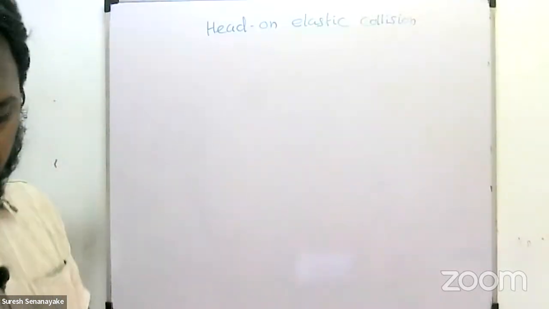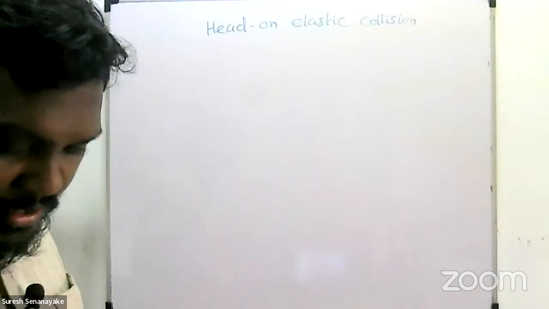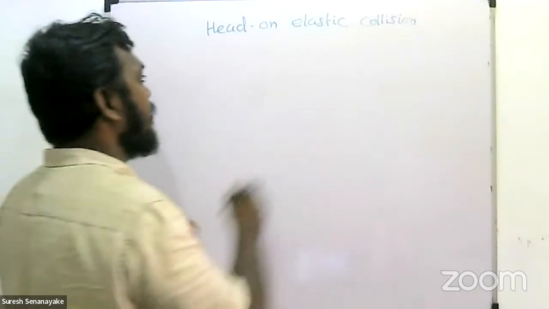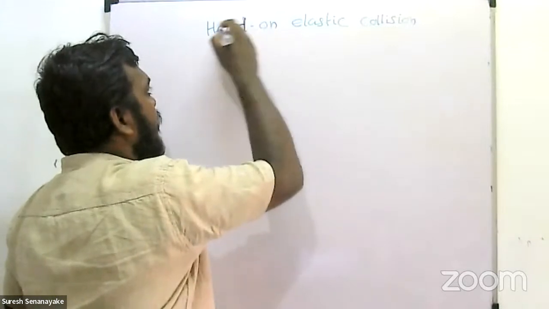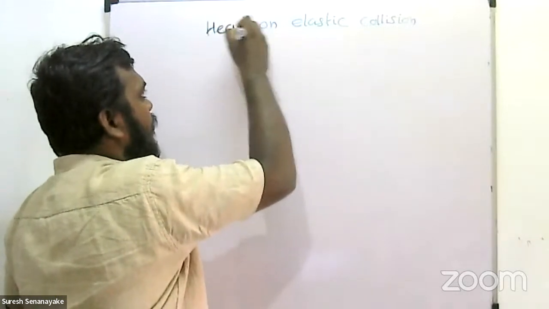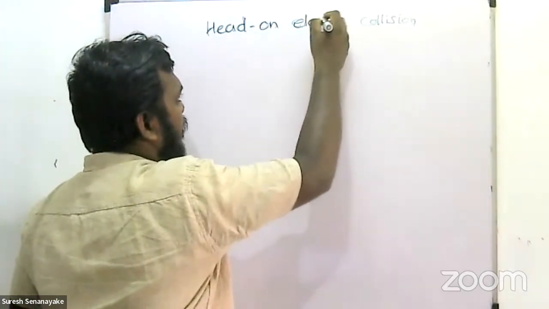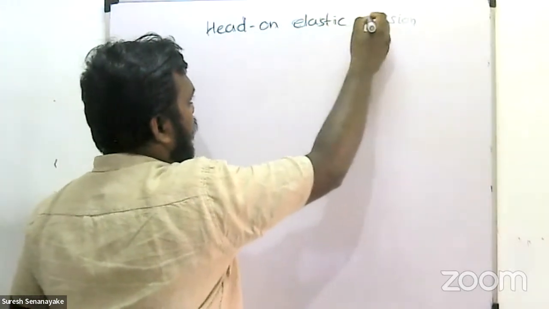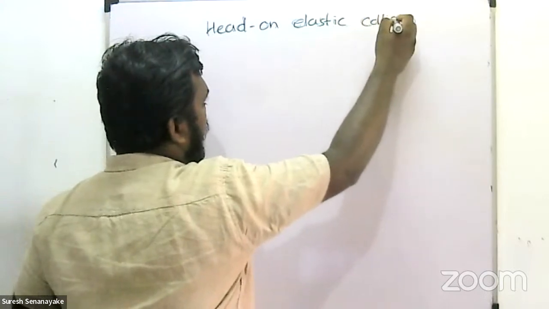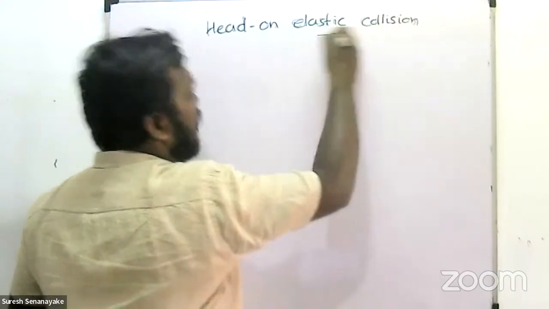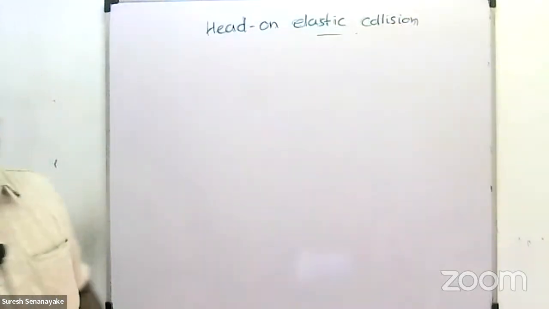Head-on means head-to-head. Before and after the collision, all the bodies are moving along the same line, the line of the centers of mass of the bodies. That's what we call a head-on collision.